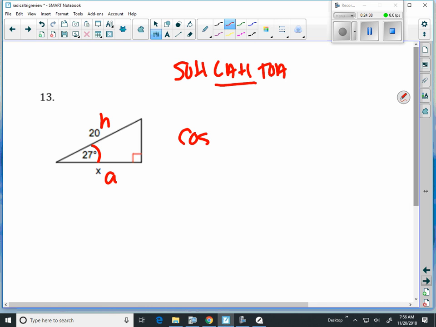So you have cosine of 27 degrees equals, and then you always do the first letter, A over H. So you'd have X over 20. To solve that, multiply both sides by 20.